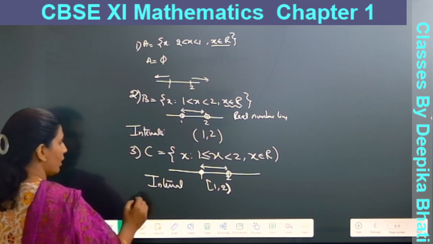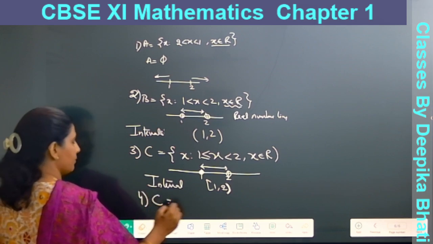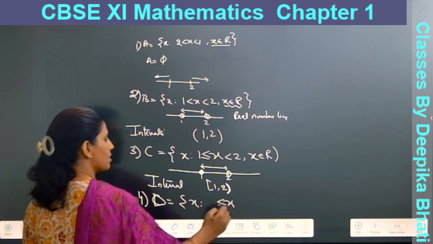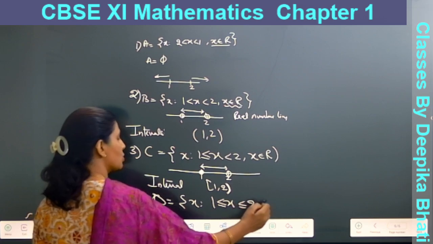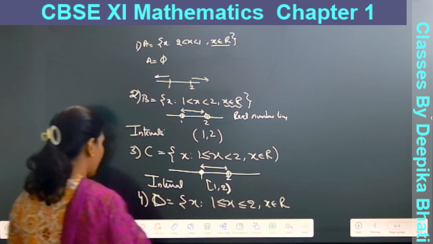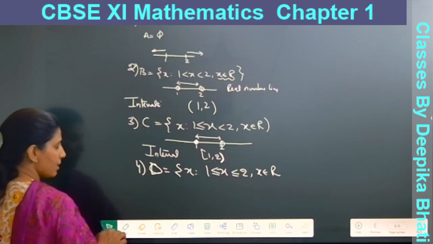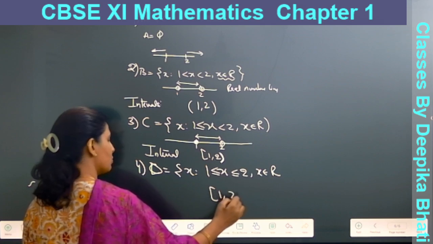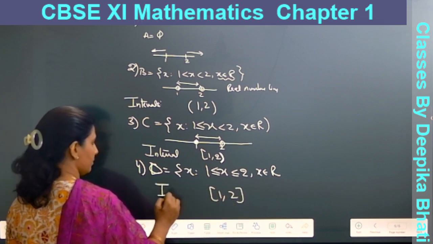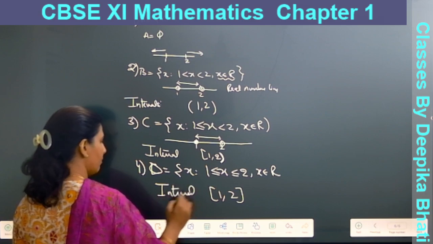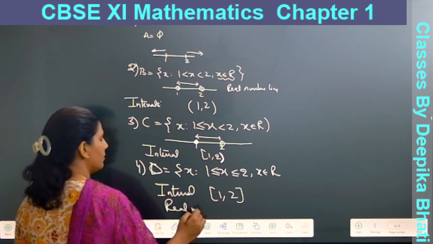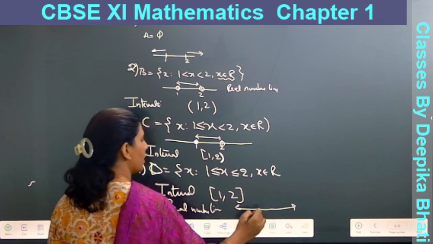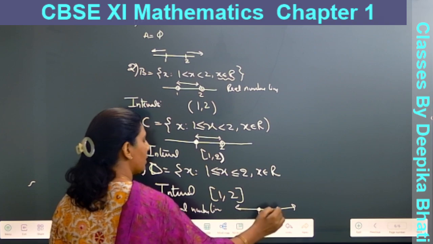If I want to include both 1 and 2, I need to include both 1 as well as 2, so 1, 2 in square brackets. And if we talk about the real number line, the number line is like including 1, including 2.